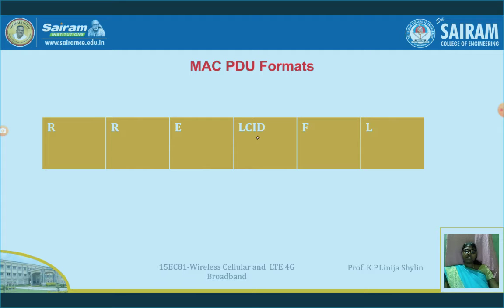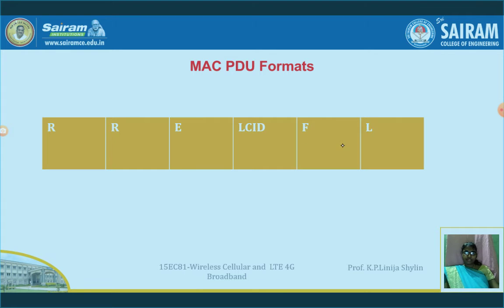Now this is the LCID. What do you mean by LCID? It is nothing but the logical channel ID. This logical channel ID identifies the logical channel for the corresponding MAC SDU, MAC control element or the padding. One LCID for each MAC SDU will be there, one LCID for the MAC control element and one LCID for padding.